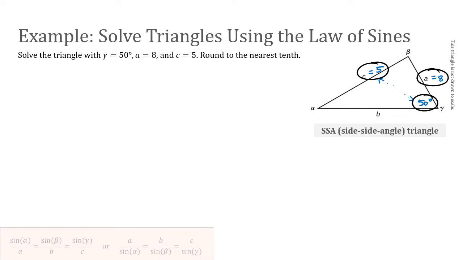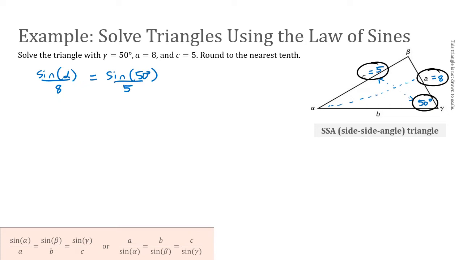We're going to use the law of sines. And let's see here. I have my anchor, and then the other piece, side A, is across from angle alpha. So I think I'm going to try to solve for alpha first. So I'm going to write the sine of angle alpha over that side of 8 is equal to my anchor, which was the sine of 50 degrees over 5.